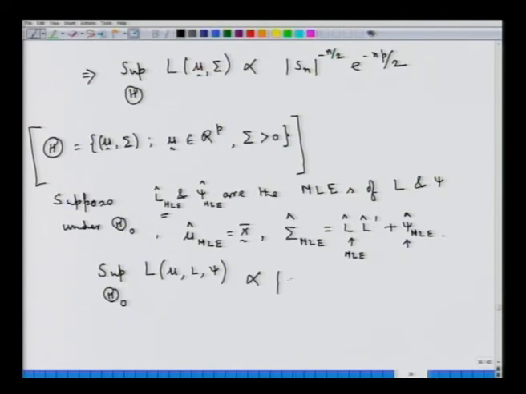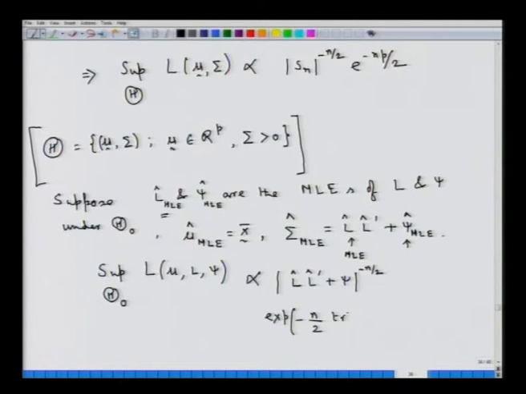So, this is going to be proportional to determinant of L hat L hat transpose plus psi hat to the power minus n by 2, and here the exponent terms do not cancel out and give us a nice form like the previous one. This is going to be a bit complicated because terms do not cancel out. The second term of course will be equal to 0 because it is x bar minus mu. So, mu hat being equal to x bar will lead the second term to be equal to 0.